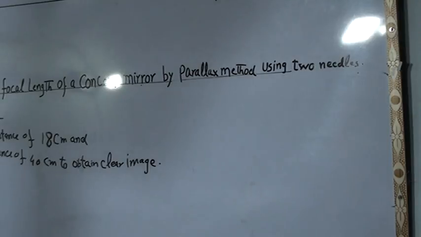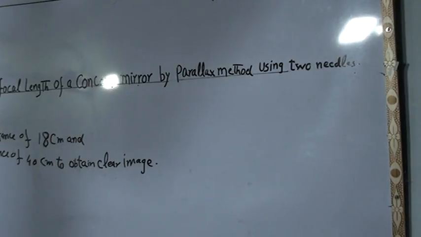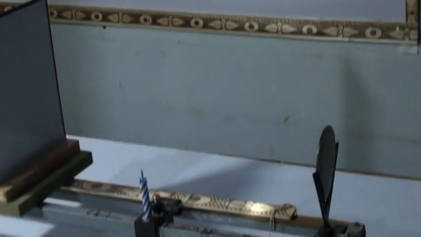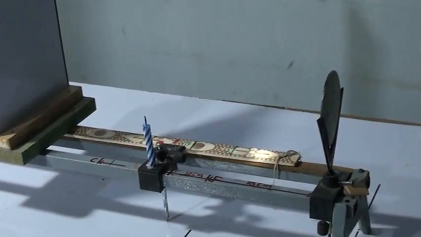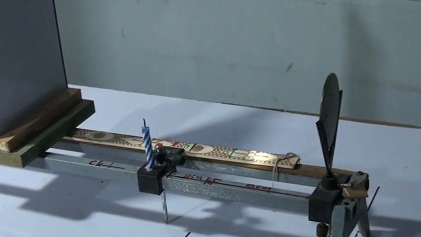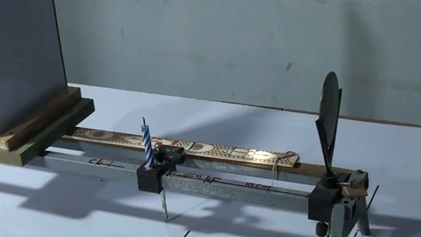then we will place a candle at a distance of one focal length. As you can see the arrangement, that is the actual focal length is more than the approximate one.